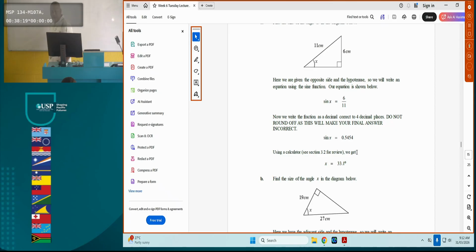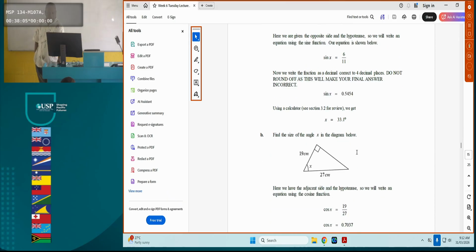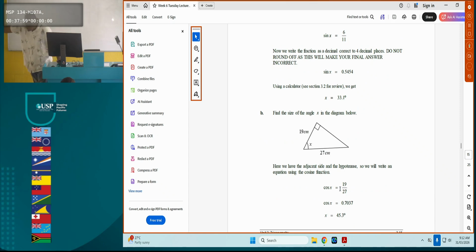So, this example, which two sides are we using? Example B? A and H. So, which are we using? Cos of x equals 19/27. Can we use the second option? Take the cos to the other side. So, cos inverse bracket 19/27. What do you get? 45 point something. Listen.